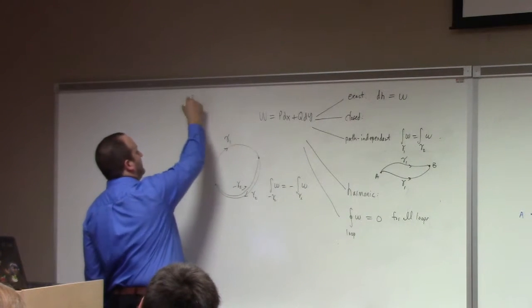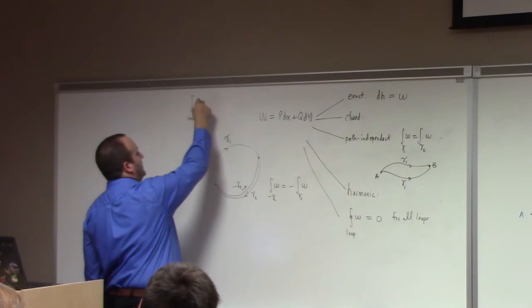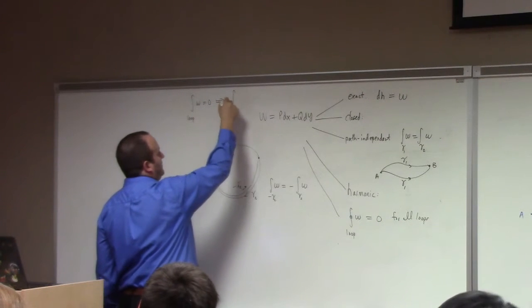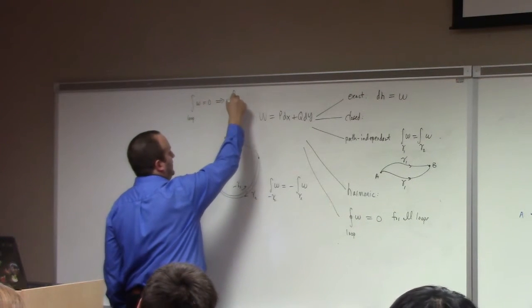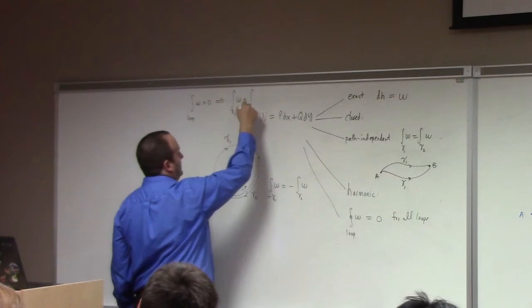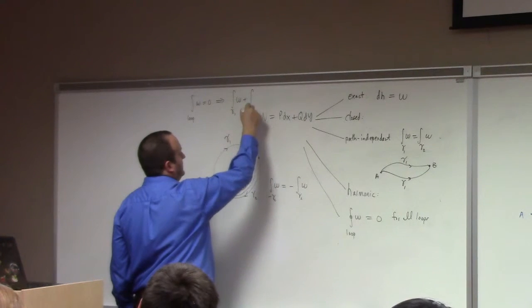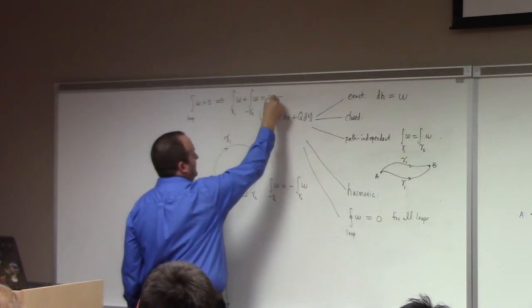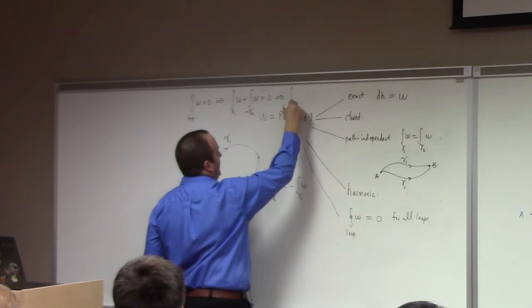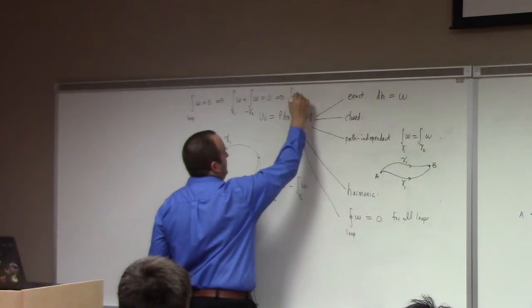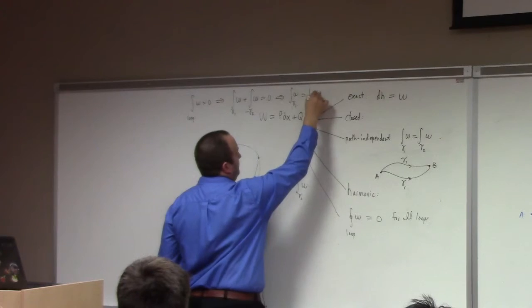So if we have that the integral around the loop of omega is 0, that implies that the integral along gamma 1 of omega plus the integral along minus gamma 2 of omega is equal to 0. But that implies that the integral along gamma 1 of omega is equal to the integral along gamma 2 of omega.